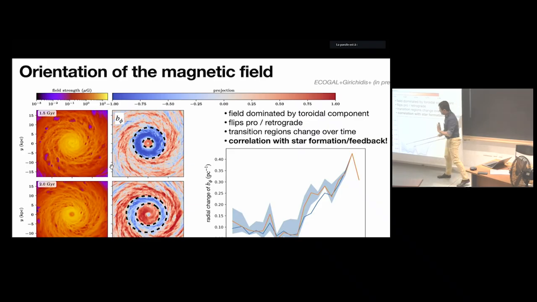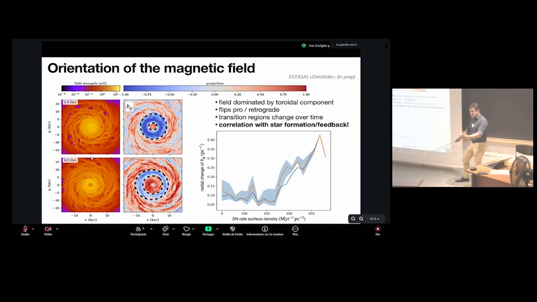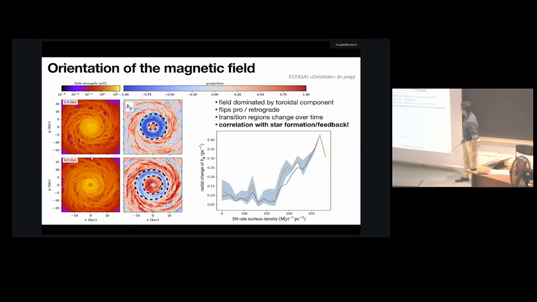Okay, if I look at the radial change of B phi as a function of supernova rate surface density, then what we clearly see is that here at 400 or so where there are no supernovae, then we hardly get any change. If we are above a certain density of supernovae, okay, I don't know my plot well enough, it's at 200.